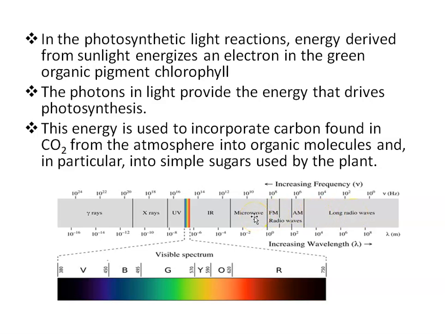Microwaves are used by astronomers to study nearby galaxies and also to cook your popcorn. Microwaves, right? Then infrared radiations. These radiations are detected by night vision goggles to see heat-emitting objects, right? This colored part, then visible light.